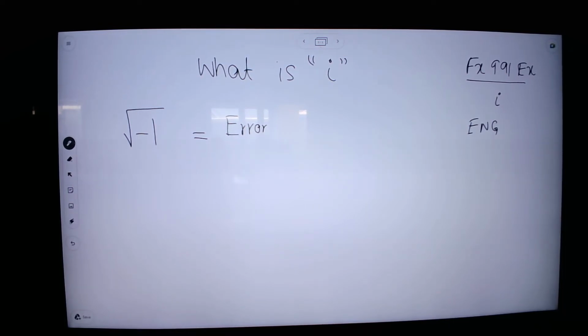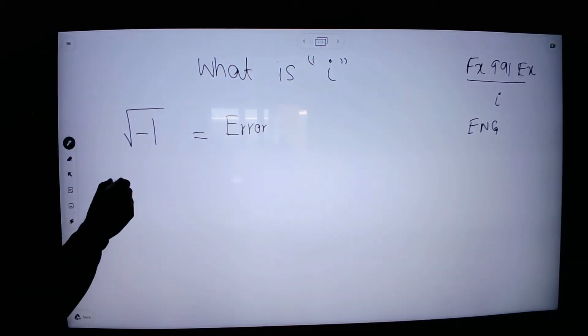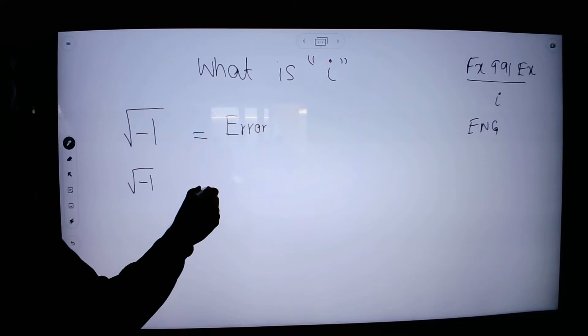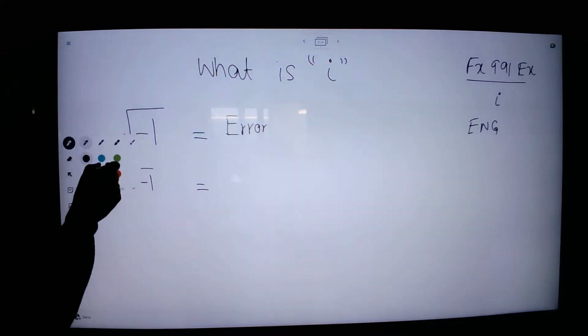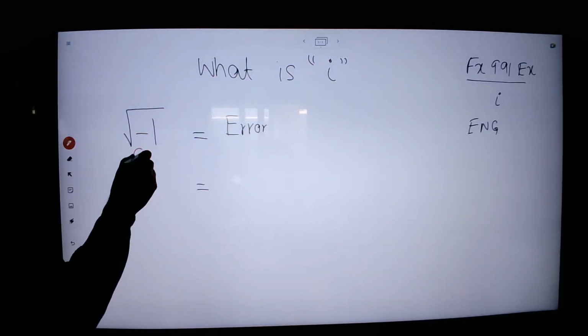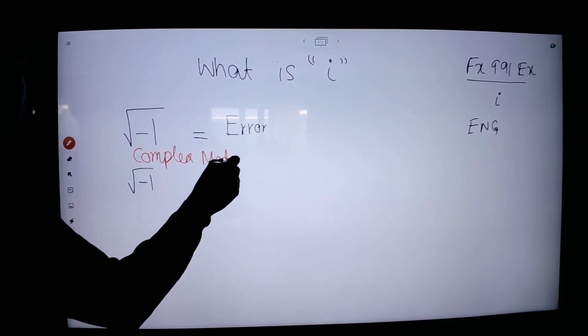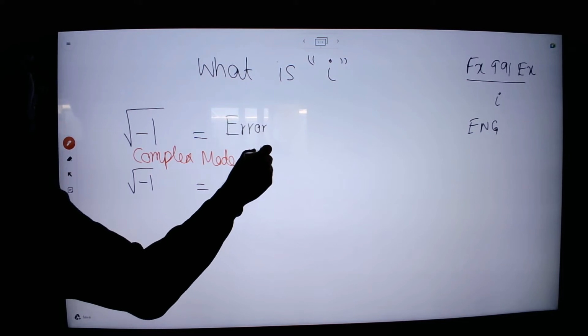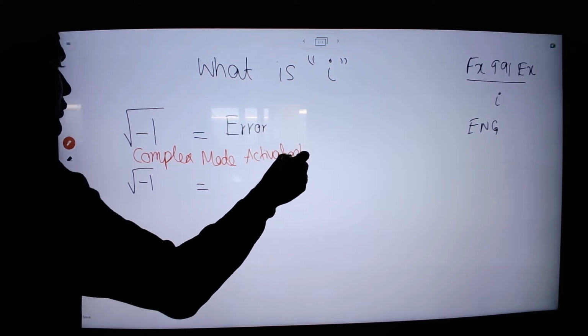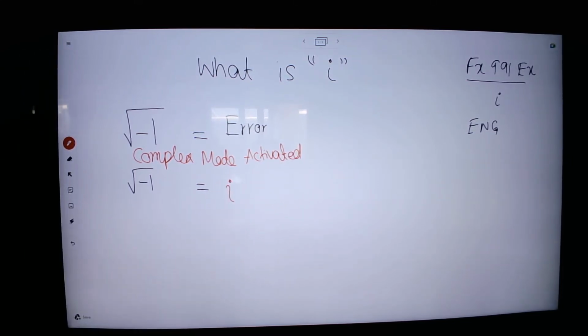Now if you do square root of minus 1, see what answer you get. Because complex mode is activated, you will get an i.